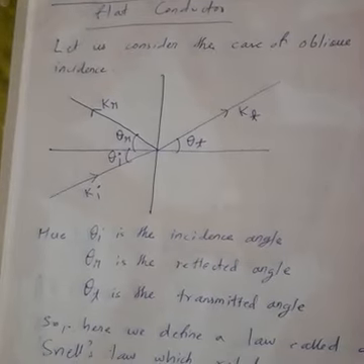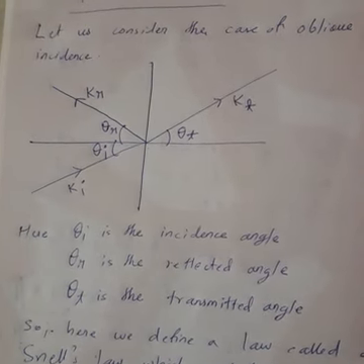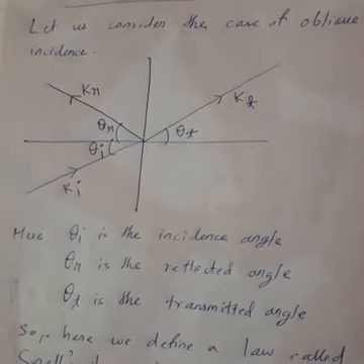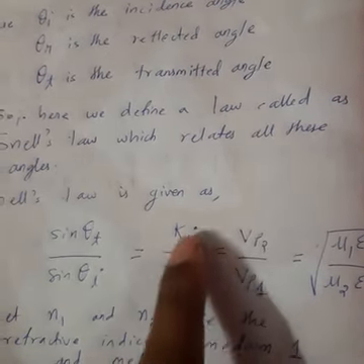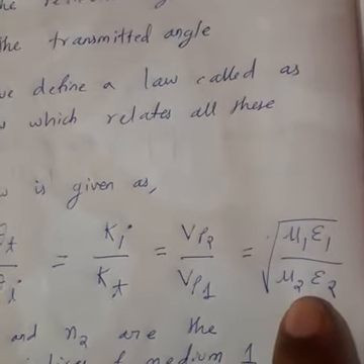When you are considering oblique incidence, you have to relate all the three angles that are formed: angle of incidence, angle of reflection, angle of transmission. All these three angles are related by Snell's law. Snell's law also relates propagation constants or vectors, the phase velocities, and the intrinsic impedances.